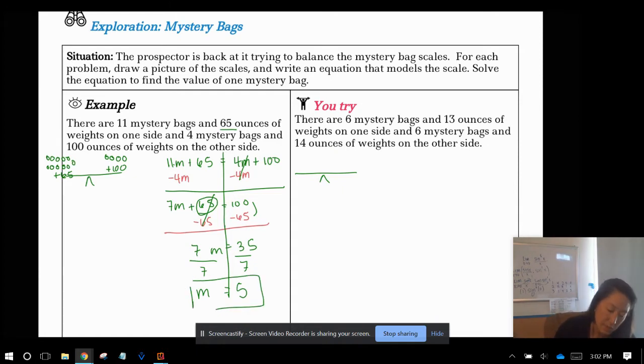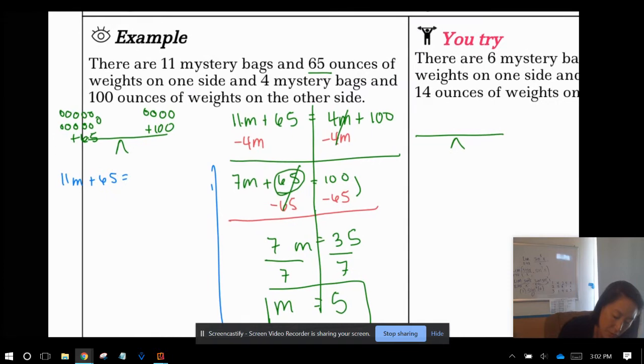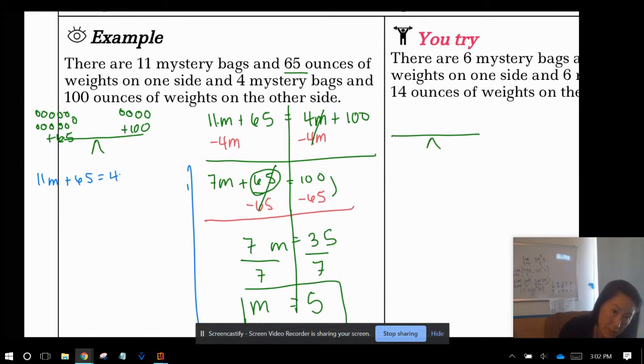Okay, let's check to make sure this works. So I started with 11m plus 65 is equal to 4m plus 100. So I do 11 times 5 plus 65 is equal to 4 times 5 plus 100.